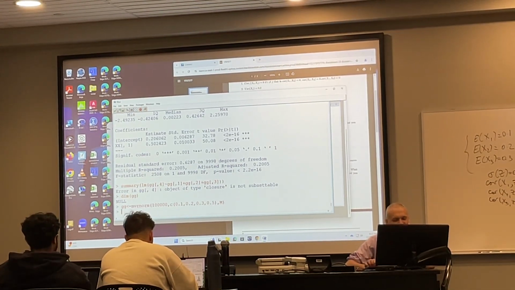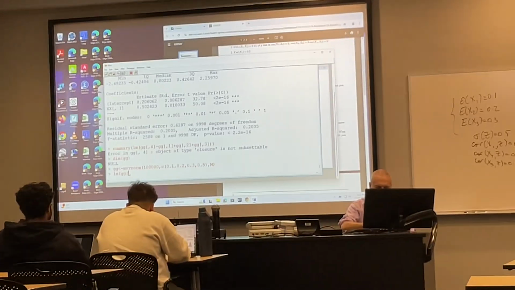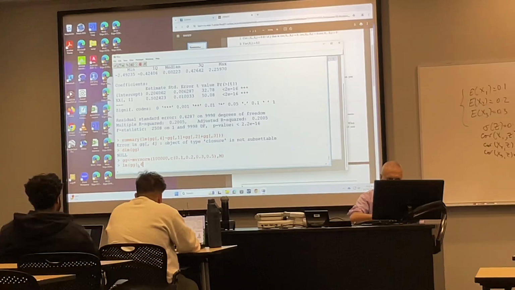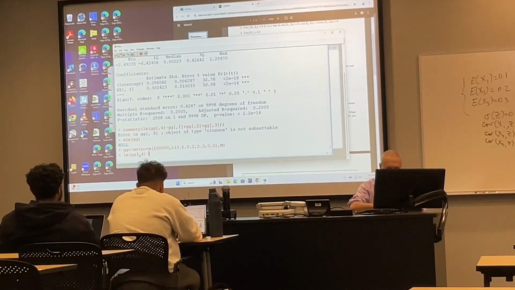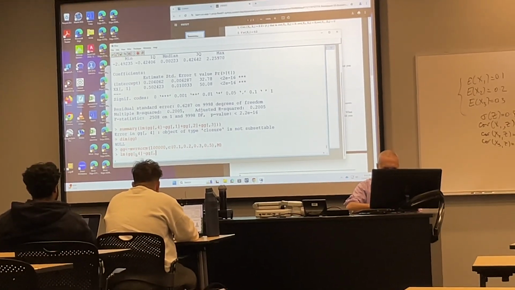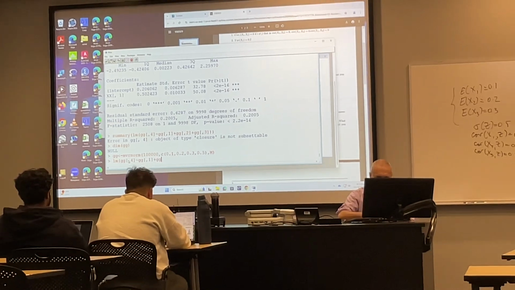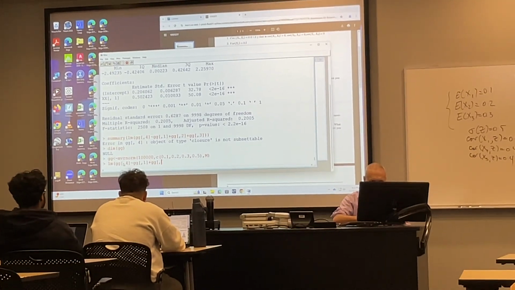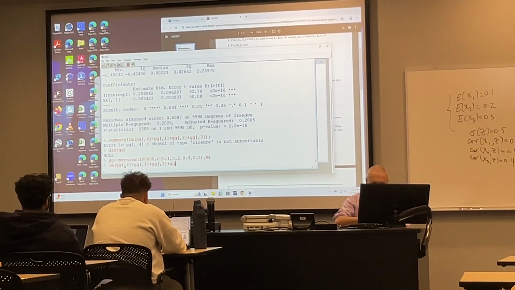Right. Linear model, GG comma 4 versus GG comma 1 plus GG comma 2 plus GG comma 3.